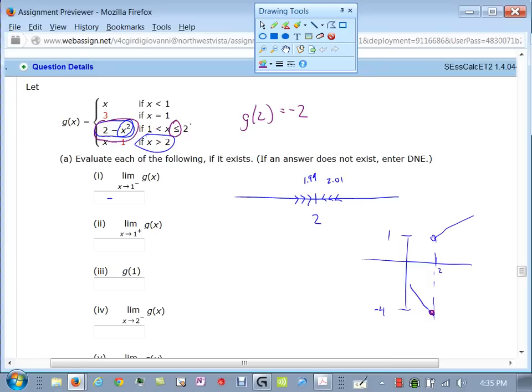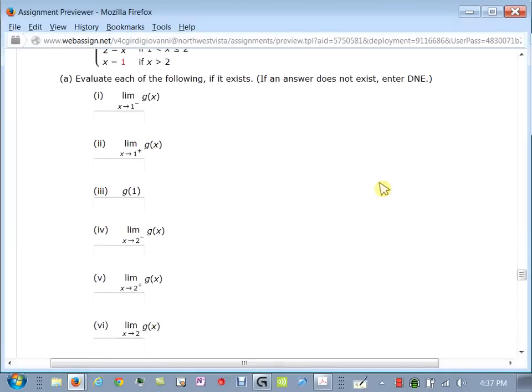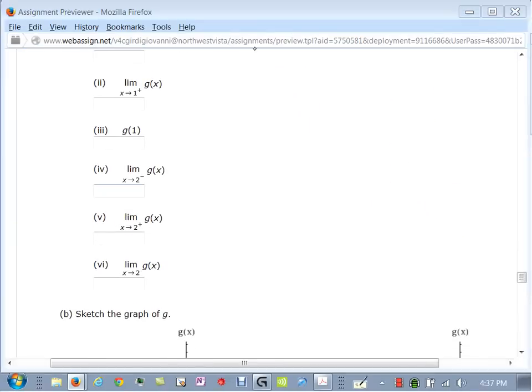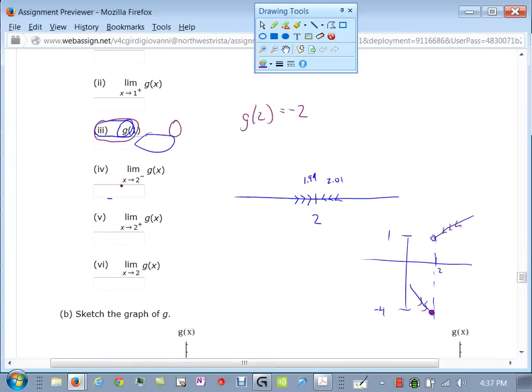So that means I can fill that hole in. So the limit from the left is negative 4. The limit from the right is 1, and since they don't go to the same place, it does not exist.